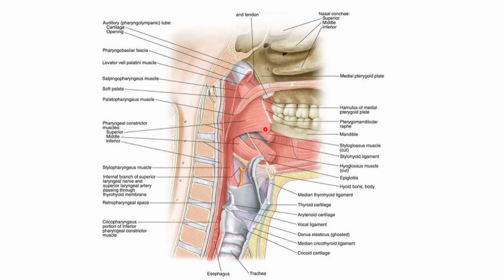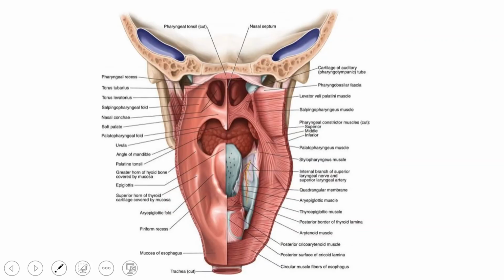We can also look at the attachments of the superior constrictor, which takes its origin from the three P's, the pterygoid hamulus, the medial pterygoid plate and the pterygomandibular raphe, and also a few fibers from the mylohyoid line of the mandible. So this is about the constrictor muscles.